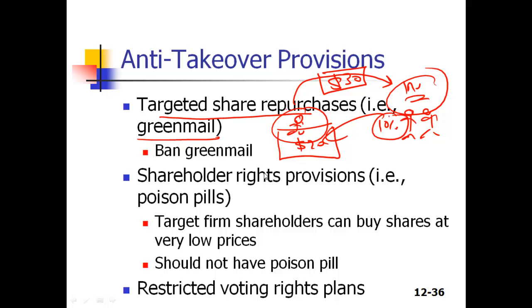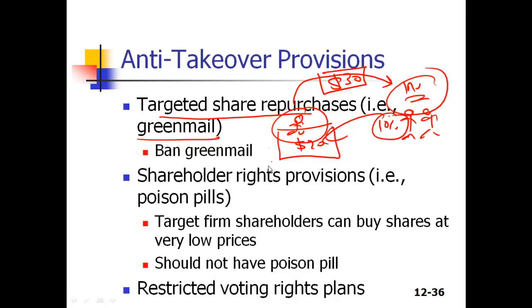So the fancy word for greenmail is targeted share repurchase. Can you see why it's called that? Because there's a targeted repurchase only from people who might be taking over the company. What would the owners of this company prefer? Anyone can buy the shares. Exactly.